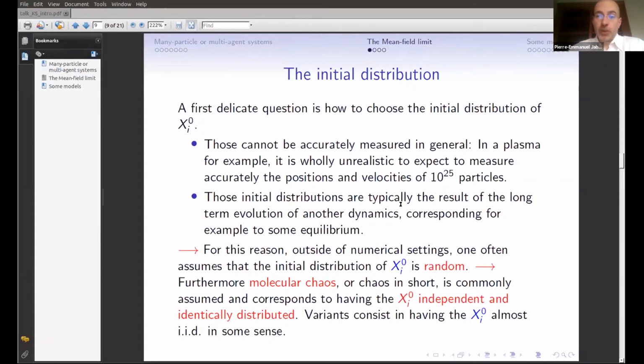Before going to the mean field limit, the first question I want to discuss briefly here is which kind of initial distribution we want to put on the Xi0.